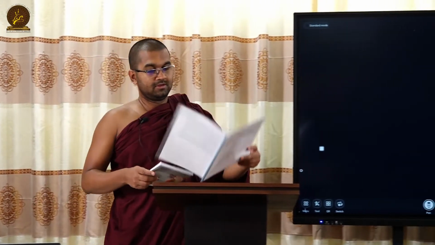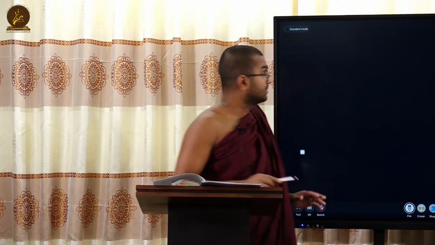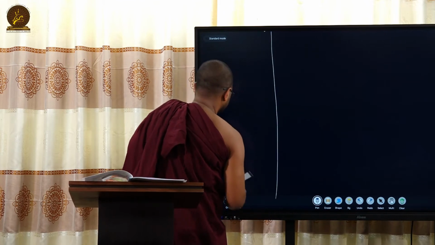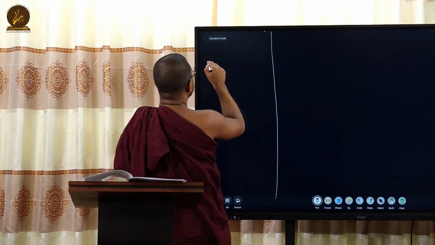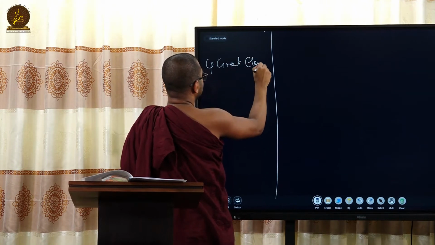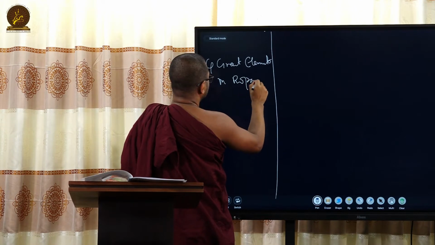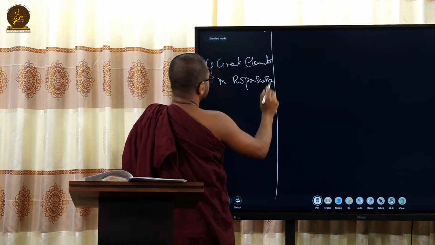So today our focus is on Patavi and Tejo. So our topic would be four great elements in Rupa Sarira, right?